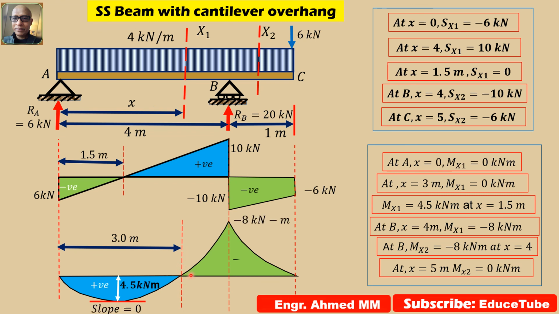This point is called the point of contraflexure or point of inflection, because the bending moment changes sign. Here it is positive, here it is negative. So it changes sign at the point of contraflexure or point of inflection.